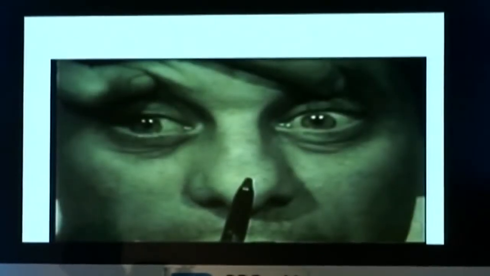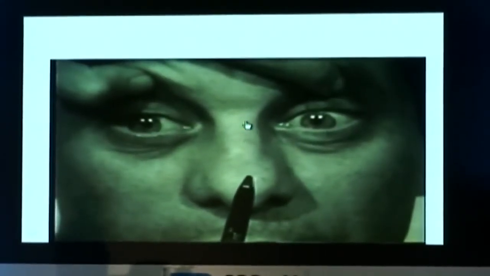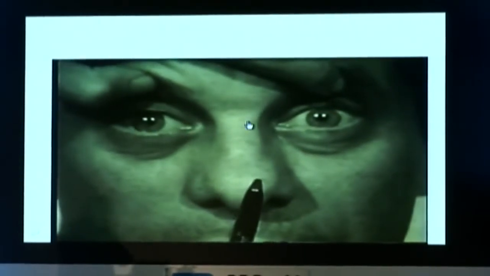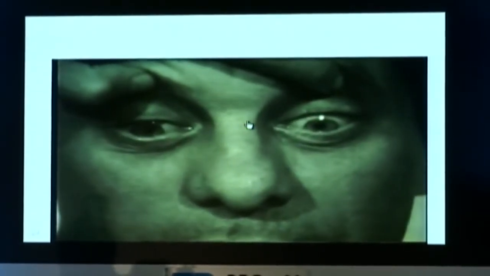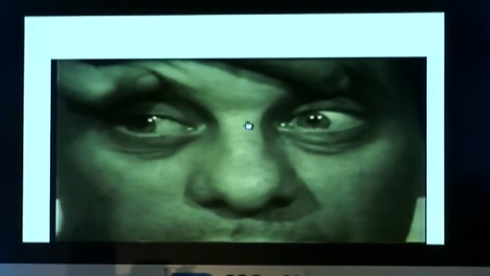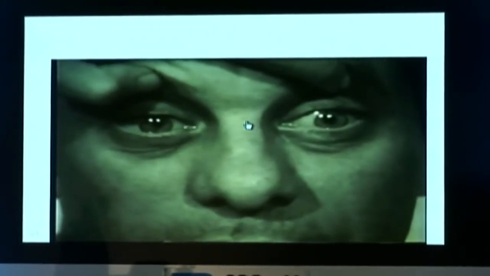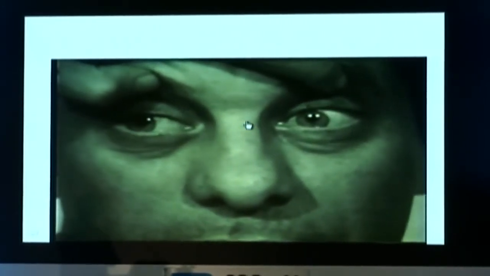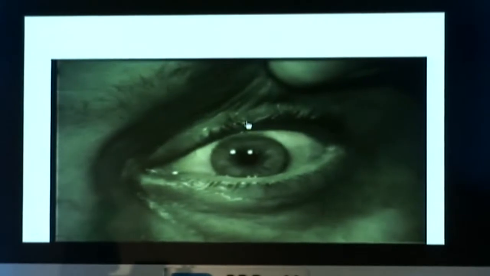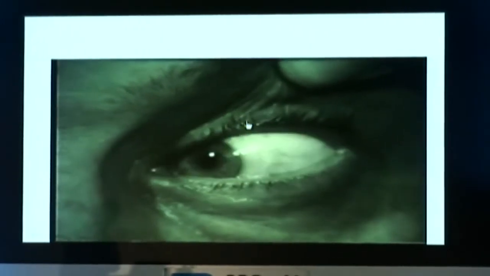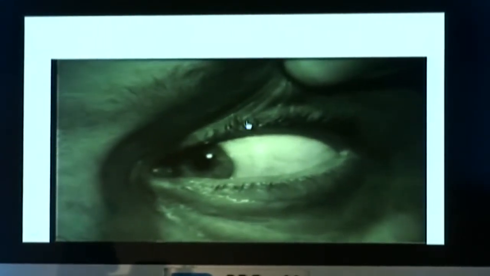Okay, what's this? So is there a nystagmus? I think there is. Is it pendular or jerk? It's pendular. Does it have a specific trajectory?